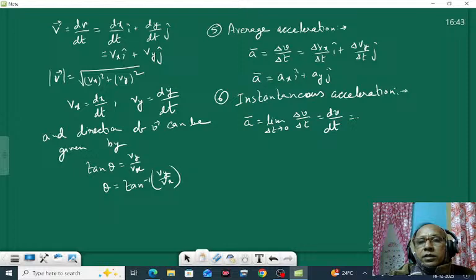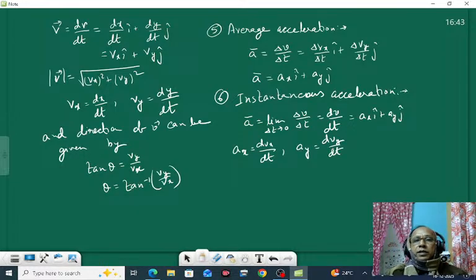And it can be written as axi plus ayj, where ax is equal to dvx by dt, and ay is equal to dvy by dt.